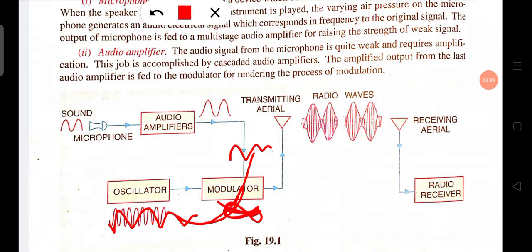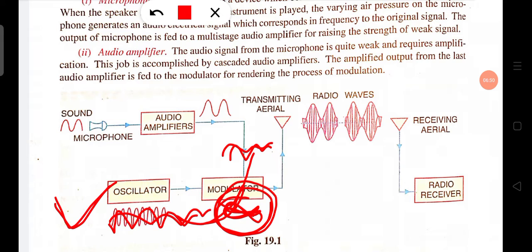So here you simply remember that superimpose means the addition of both signals, carrier signal and message signal. The carrier signal is called the modulating signal and the message signal is the message signal, and after addition, the signal we get is called the modulated signal. That modulated signal goes to the transmitter aerial.